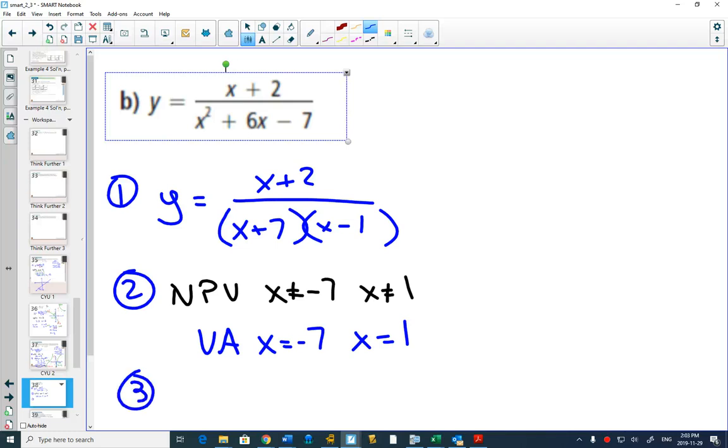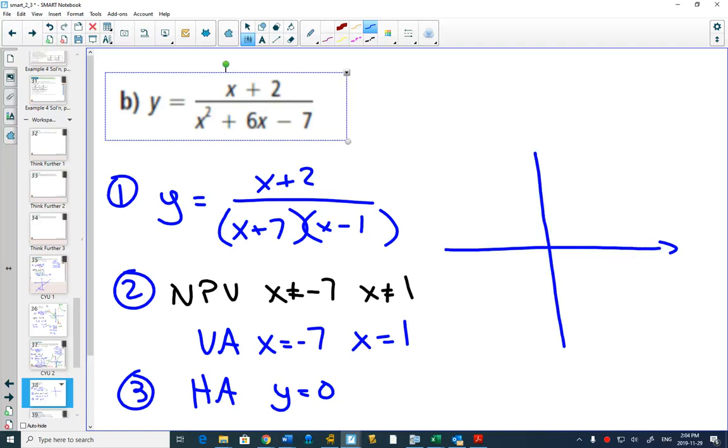Step 3. Okay? In this case, we have a higher degree in our denominator. Anytime you have a higher degree in your denominator, you will always have a horizontal asymptote at y equals 0. And now we're ready for step 4, which is graphing and nice points.